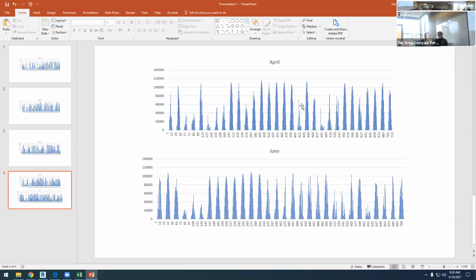Why? Well, because in April we have a lot of hours, sun hours as well, and the temperature is not as high as in June. So for the PV performance, it's better in April than in June.